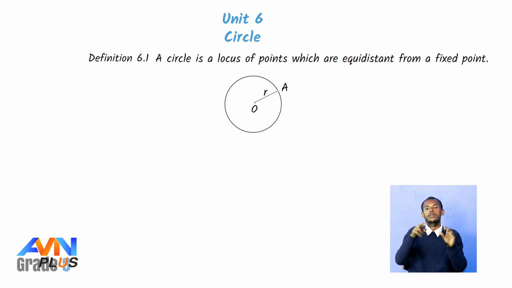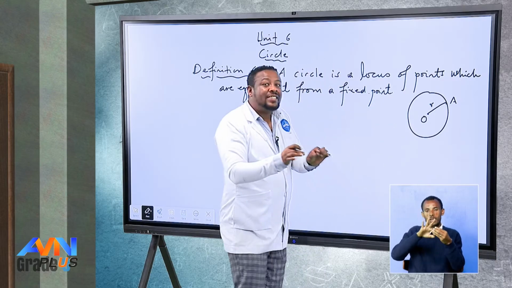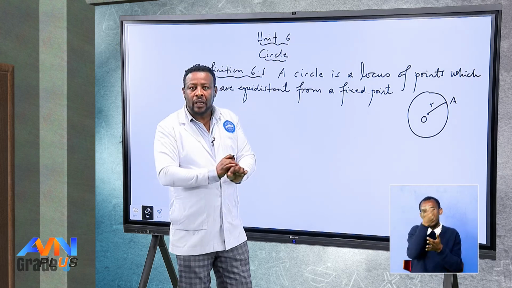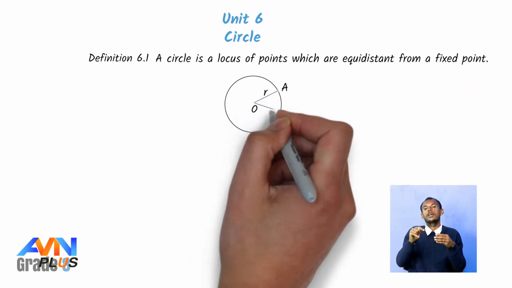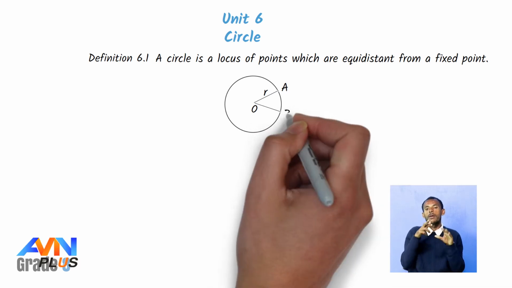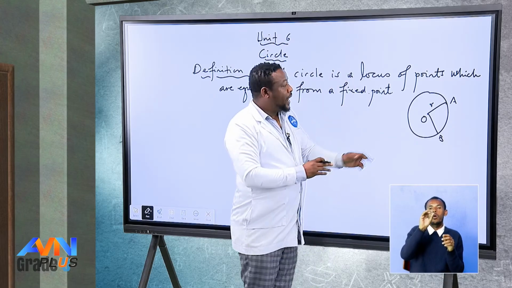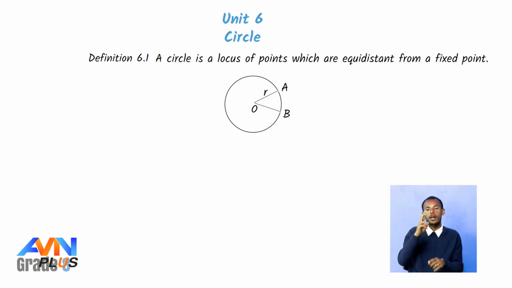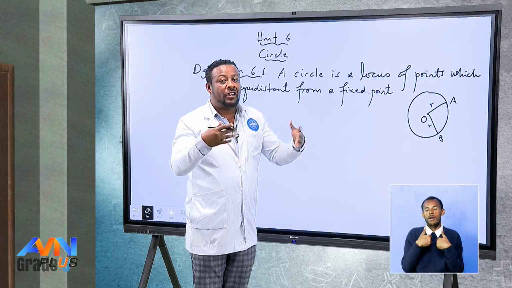The radius of a circle is a line segment joining the center and any point on the circle. If you draw O to B and O to A, the lengths are the same. This is radius. You can have infinitely many radii.